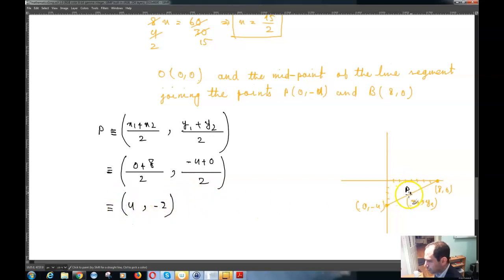That means that point is going to be at 1, 2, 3, 4 and -2, somewhere over here. So that would be 4, -2.